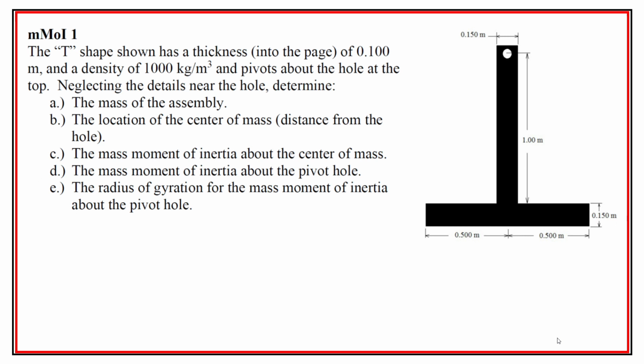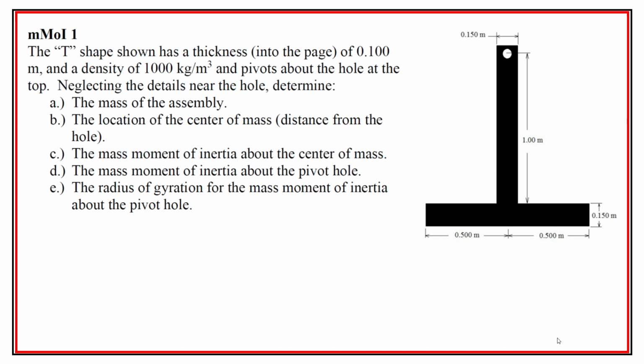So we want to find the mass of the assembly, and okay, so what is the thickness of this? T is 0.1 meters. Density is 1,000 kilograms per meter cubed. This pivots about the hole that's in the top.